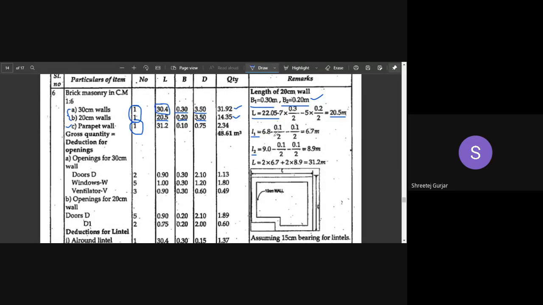So L1 is 6.8, right? L1 is 6.8 minus, so L1 is not out to out distance, it is center to center of your parapet wall. It is center to center of your parapet wall. So out to out is 6.8, right? Out to out is 6.8. I've shown you how I have calculated L1, 6.8 minus your wall thickness, that is parapet wall thickness, that is 0.1 on each side, right?